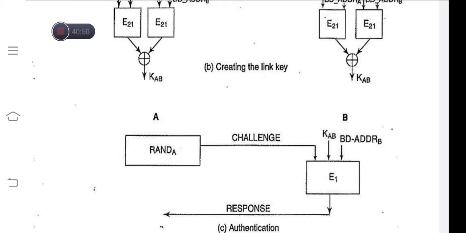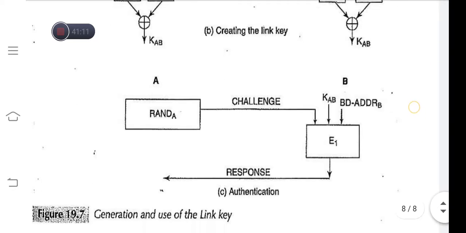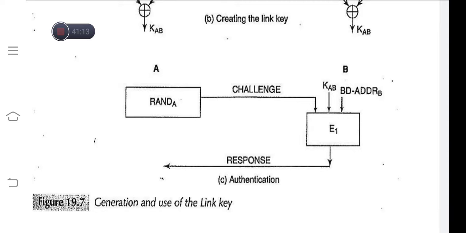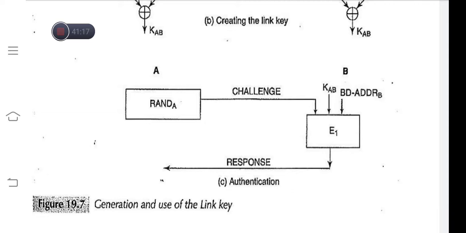Now let us assume A wants to communicate with B, and A and B were already paired. Let KAB be the common link key between A and B. Suppose A wishes to authenticate B. It generates a random number, rand A, which is a challenge.